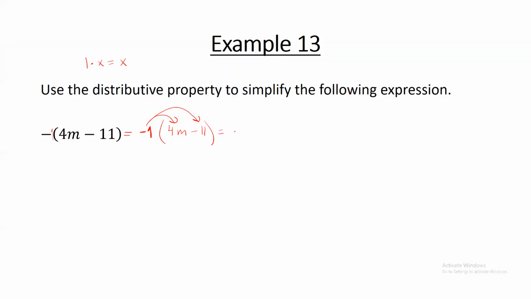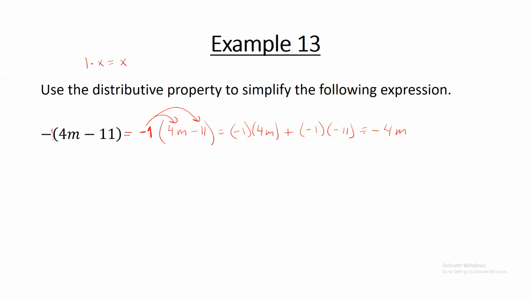Things make sense. And again, we distribute -1 times 4m plus -1 times -11. Negative times positive is negative, so that's minus 4m.